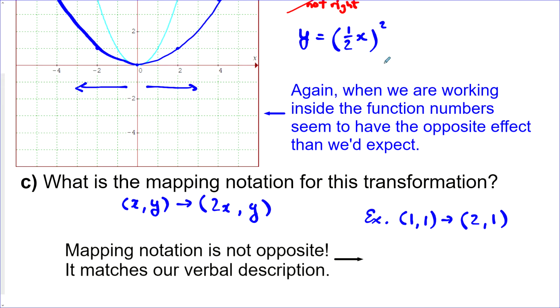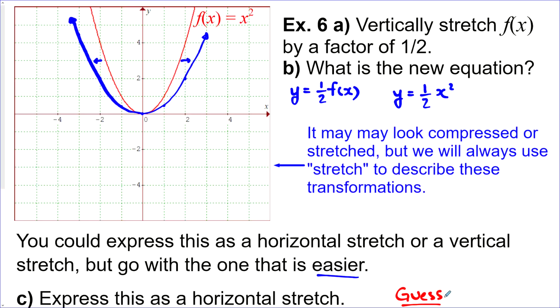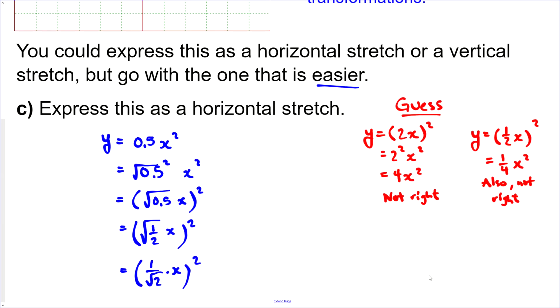Now let's go back and take a look at this last question here, because I kind of left it without completing it. This one right here, how do we express this horizontal stretch? So the horizontal stretch is actually that thing in the denominator.